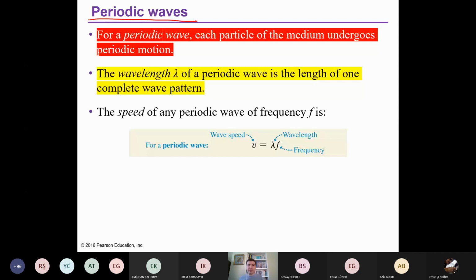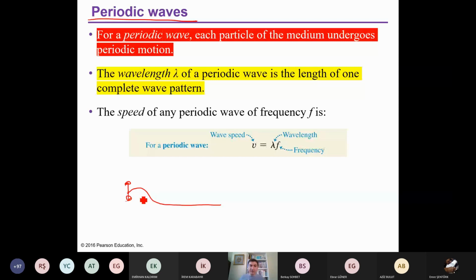So for a periodic wave, each particle of the medium undergoes periodic motion. Look at the string example. You apply a force up and down, okay, and then you produce a mechanical wave in the string.